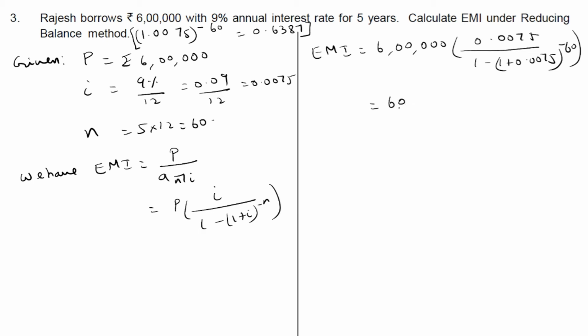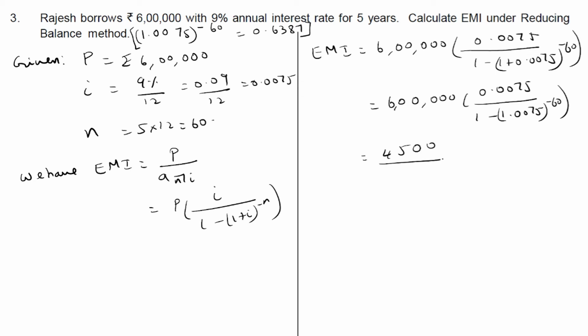So this is equal to 6 lakh into 0.0075, which is 4,500 upon 1 minus the value of 1.0075 the whole raised to minus 60. Usually given in the question, it is 0.6387.